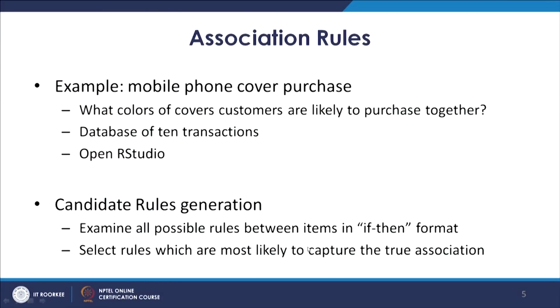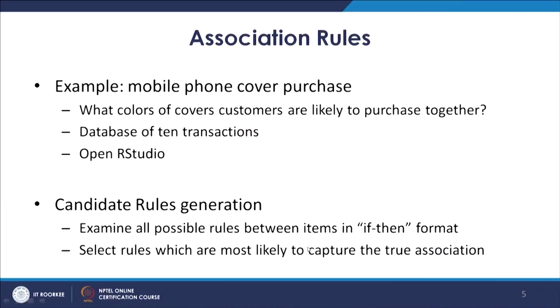While we are discussing some concepts related to association rules, we will discuss them through this particular example, mobile phone cover purchase. The main idea is what colors of covers customers are likely to purchase together. We all have mobile phones, and sometimes we also go to purchase covers for them, and covers with different colors are available.